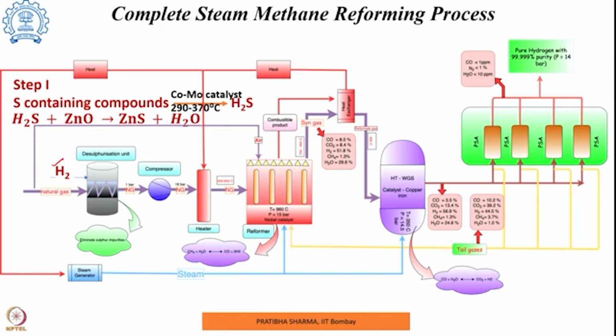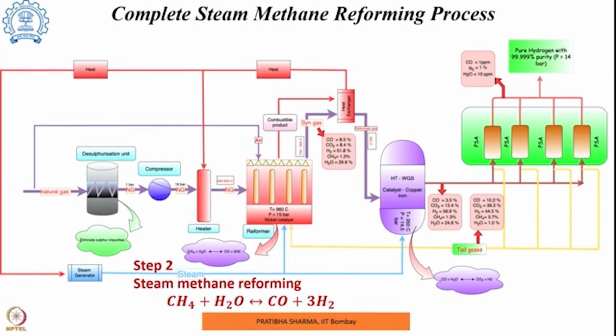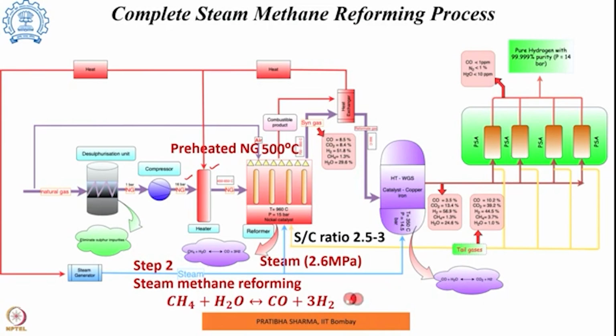Now, once the sulfur containing impurities are removed in the desulfurization unit, the treated natural gas goes to the second step, which is the steam methane reforming process, wherein methane, which is pre-treated, where the sulfur containing impurities are removed, is preheated and compressed along with steam at 2.6 MPa with a steam to carbon ratio of 2.5 to 3.